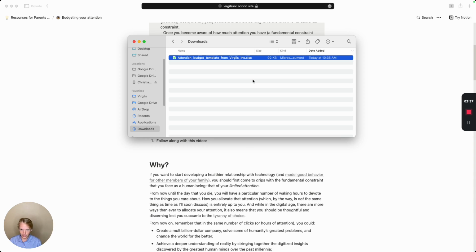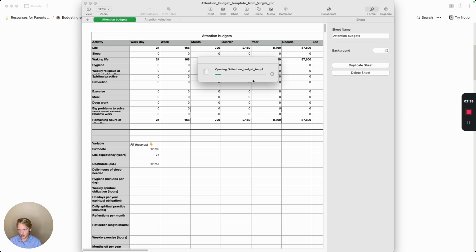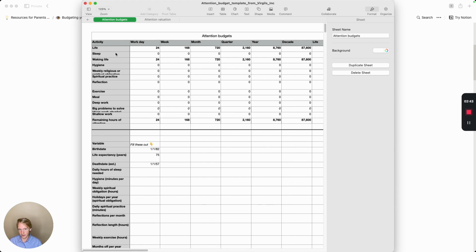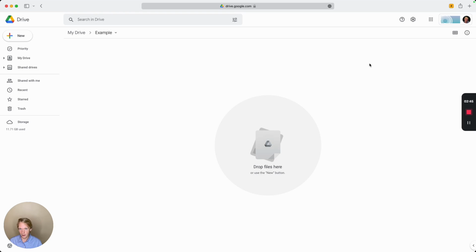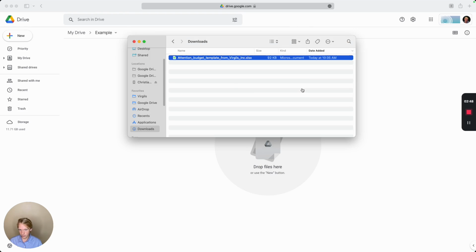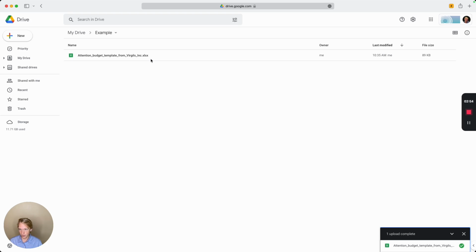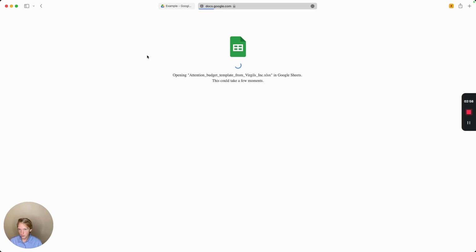All right, so I'll show you quickly. You can open this with Numbers if you would like. I actually don't have Excel on my machine, but as I mentioned, I prefer Google Sheets. So I'm going to upload this to my drive, and then I'm going to double click on it.